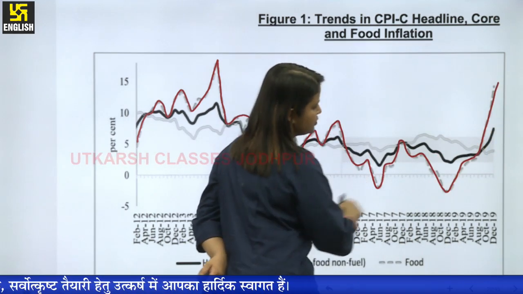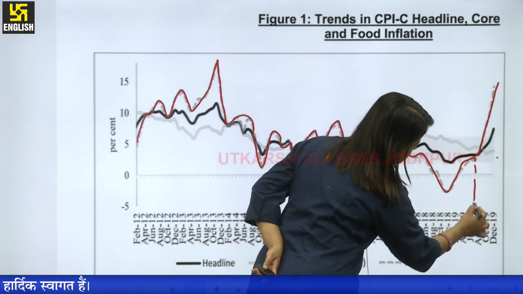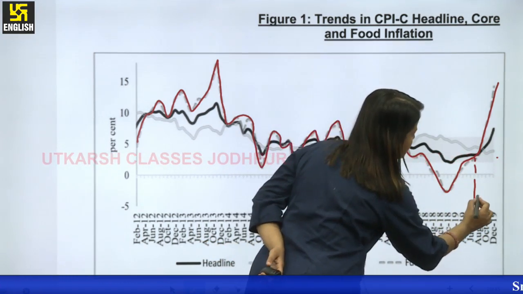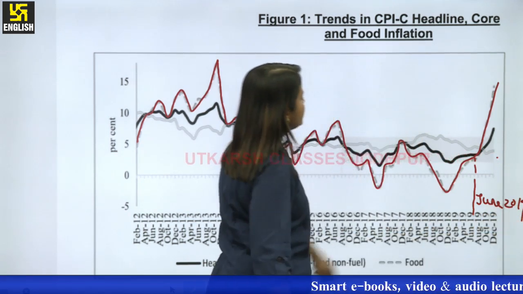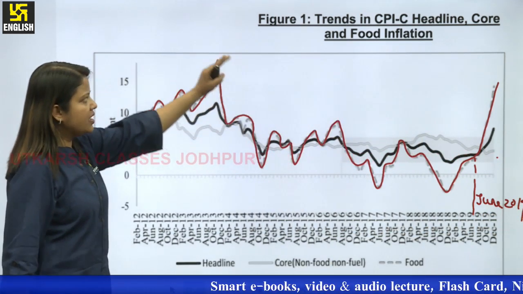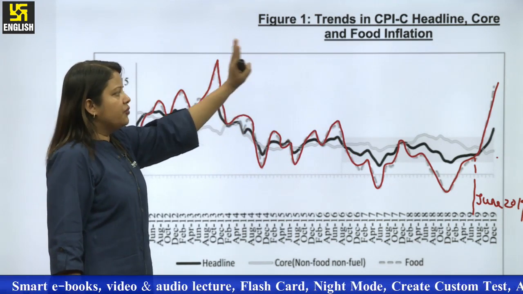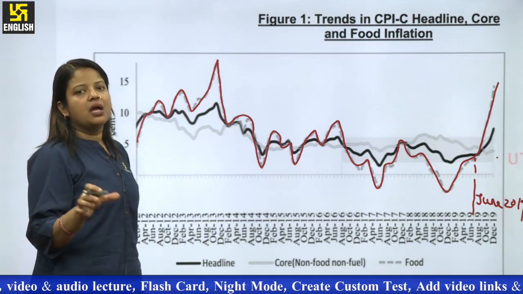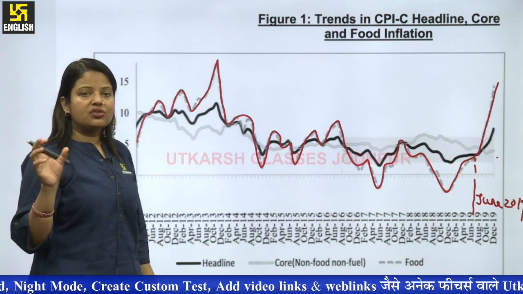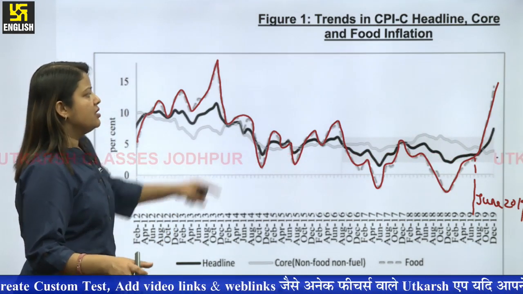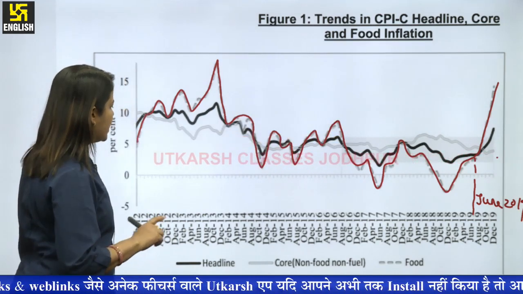But after June 2019, there was an upward trend in the consumer price index of food inflation. The price of food items, mainly vegetables and fruit, increased after June 2019, and as a result there was an increasing trend in food inflation.